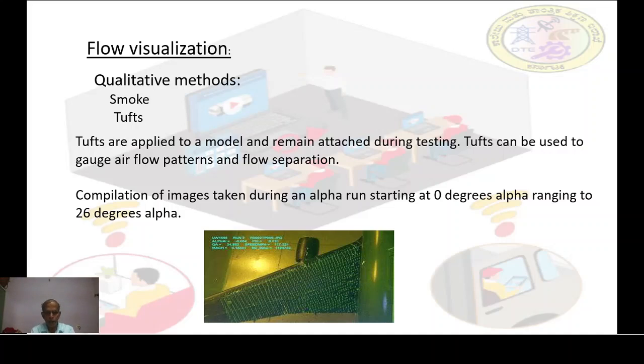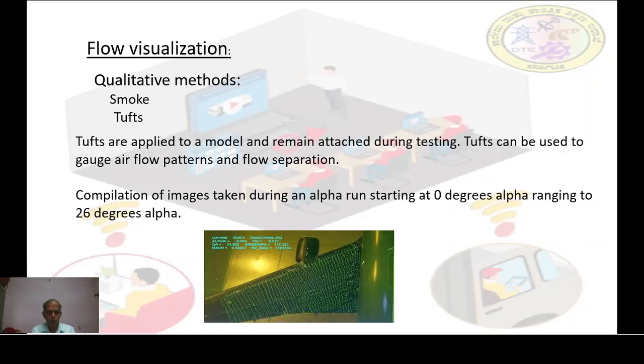Here is an image taken during an alpha run starting at 0 degrees alpha and ranging to 26 degrees alpha. The image is taken at the Kirsten wind tunnel using fluorescent mini tufts.